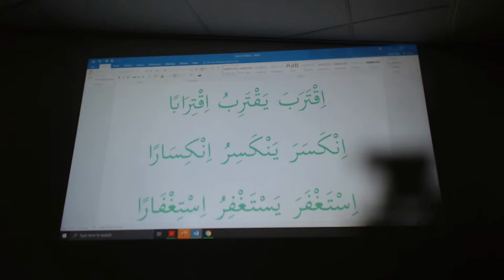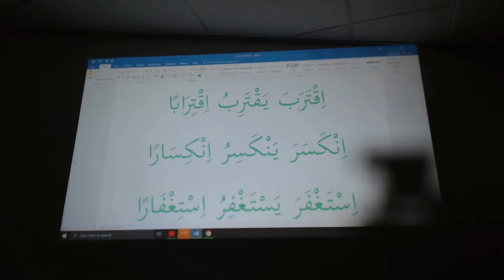So intasara, for example, you're adding your noon over here, your sad over here, and your ra over here. The ta and the e will stay there. So iqtaraba yaqtaribu iqtiraban. Everybody together, off you go. Iqtaraba yaqtaribu iqtiraban fahuwa muqtaribun. Uqturiba. Stop. Focus.